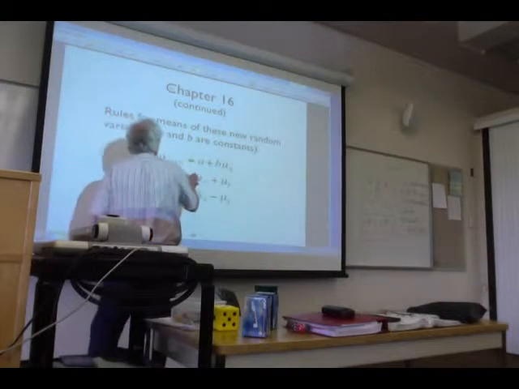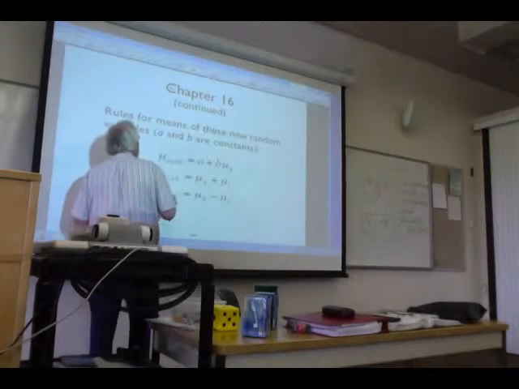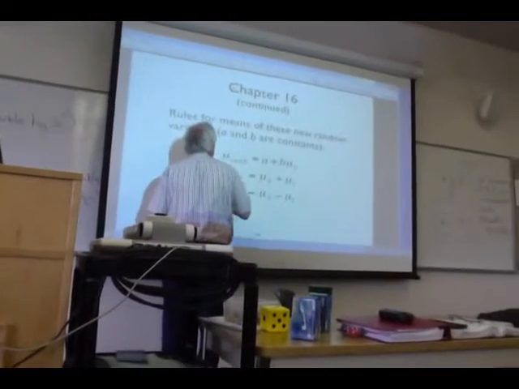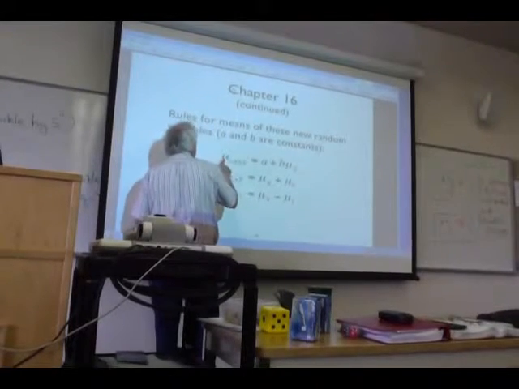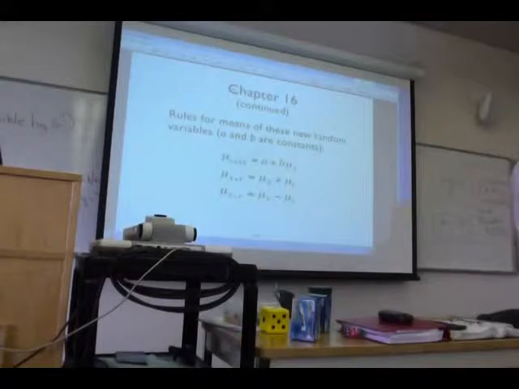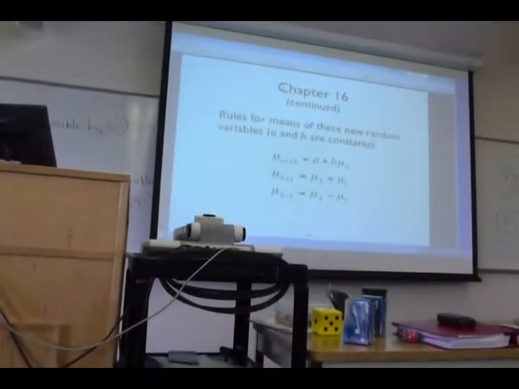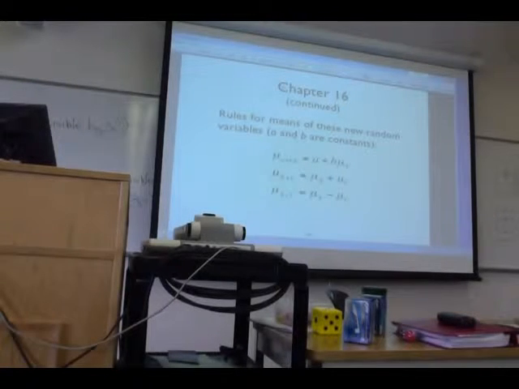Now let's take a look at the left sides and then the right sides. On the left side for this first equation here, I have the Greek letter mu. Generally speaking, the Greek letter mu always refers to the mean of a random variable, theoretical mean, all right?